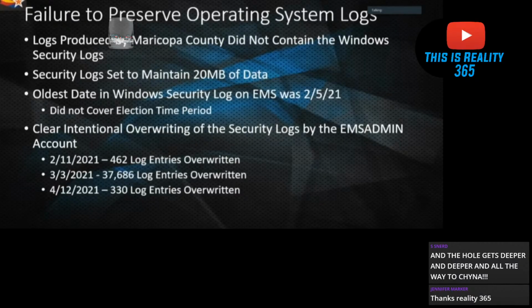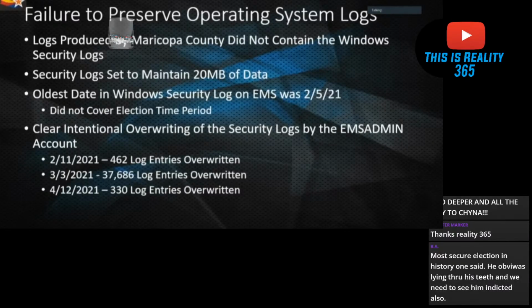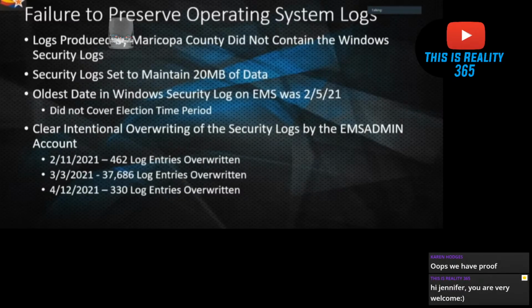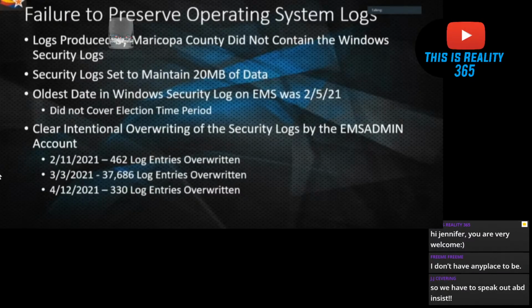In this particular case, the EMS security log setting was set to 20 megabytes of data. So the Windows operating system will preserve all the security logged entries up until the point at which it reaches 20 megabytes of data. At that point, it starts following a first in, last out approach to log retention. So as you create a new entry, an older entry is deleted and overwritten inside of that log file.